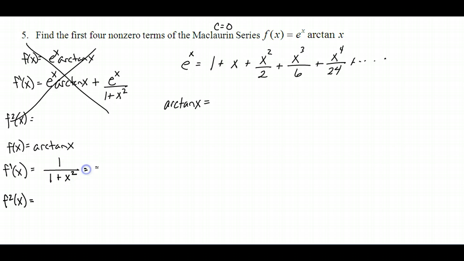Let's actually rewrite this as 1 plus x squared to the negative 1 and just use the chain rule. So that will give us a negative 1 times the 1 plus x squared to the negative 2. Chain rule, the derivative of the inside is 2x.